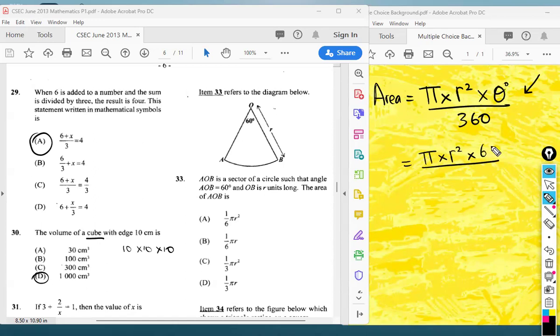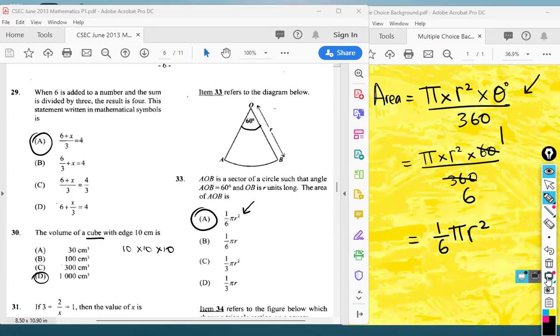The angle is 60, and you divide it by 360. They gave you the angle over here. 60 into 60 is 1, 60 into 360 is 6. If you're dividing something by 6, that's the same thing as 1/6. So it's 1/6 pi r squared. A is the answer. I know A and B look almost the same, but A has the squared part. B is missing the squared part, right?